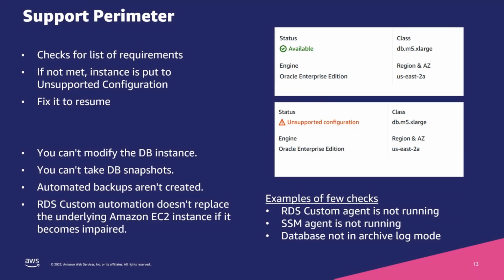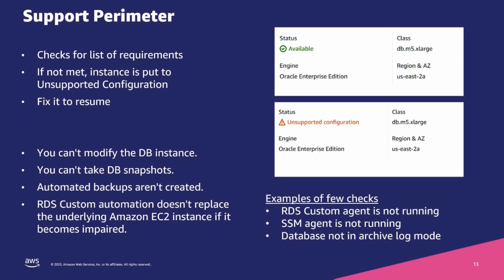When the status goes into unsupported configuration, you will get notified, and in the logs and events, you will be able to see the messages on why the instance got into this state, and also what you can do to fix it. And our documentation has the list of checks that the support perimeter does.